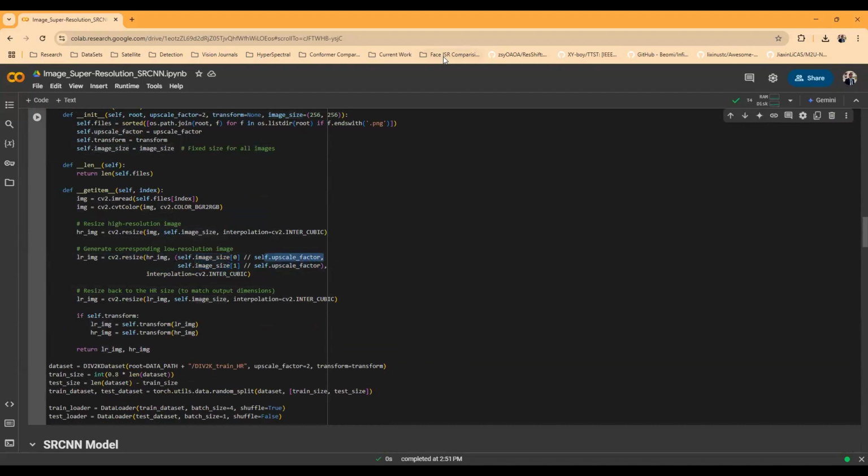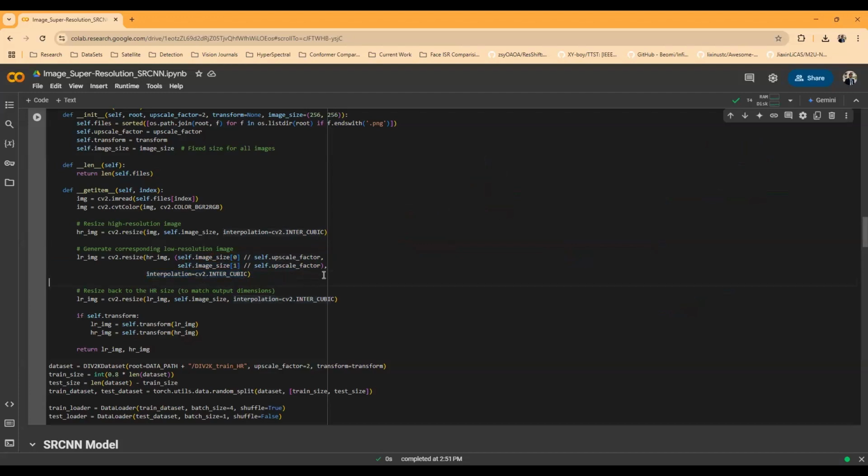Suppose we have to work on a scaling factor 2, and we are only having the HR image, then this particular image has to be resized by 1 by 2. The input dimension in X and Y direction both have to be resized by the scale factor. So here we can see that the integer division operation is being applied, and inherently the interpolation is bicubic.